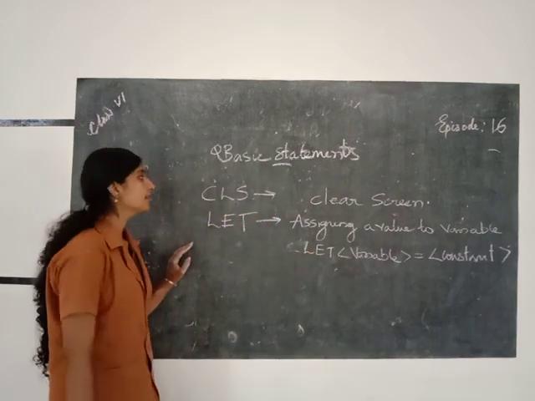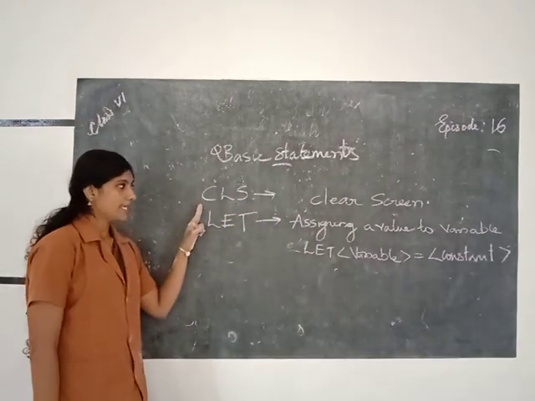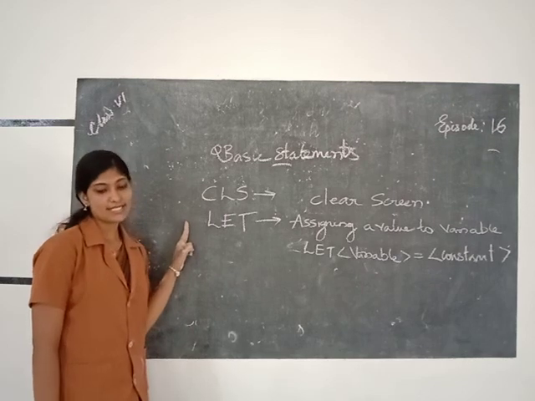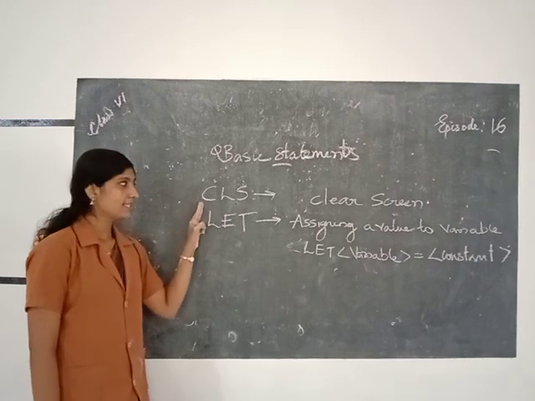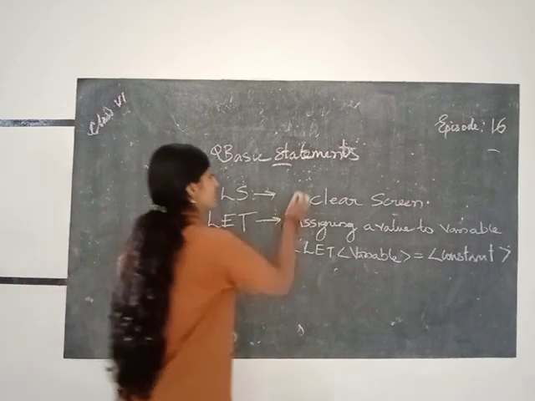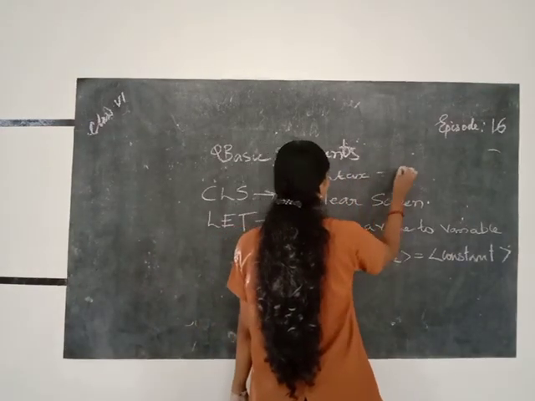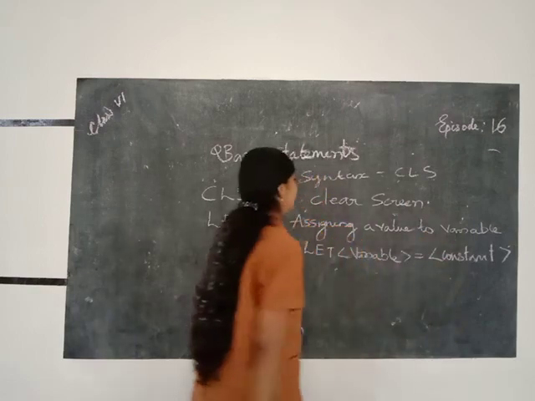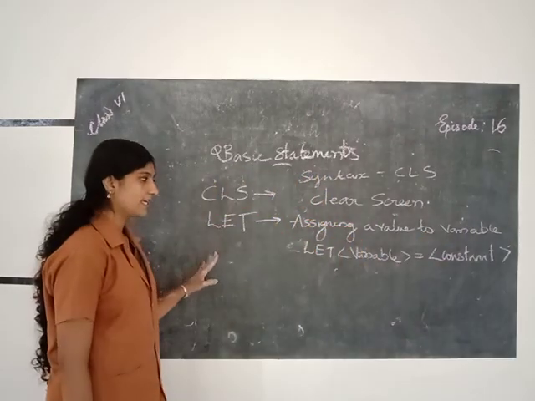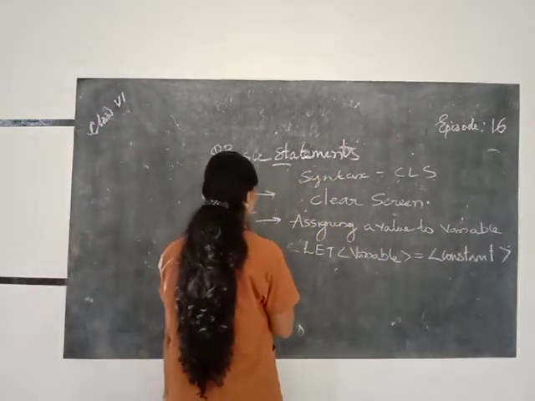Okay, once again, CLS, which indicates clear screen, and the syntax is CLS. Then the second, LET. What is its syntax?